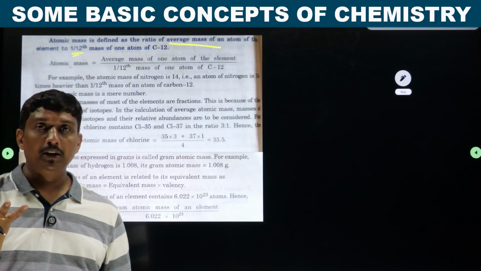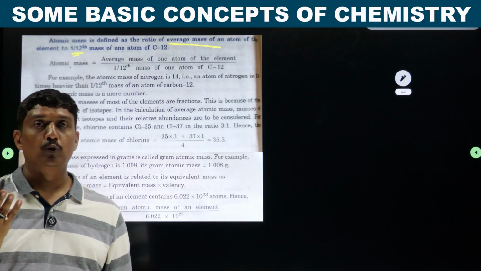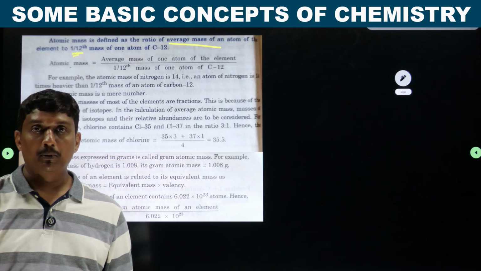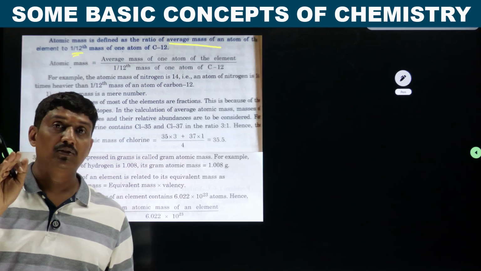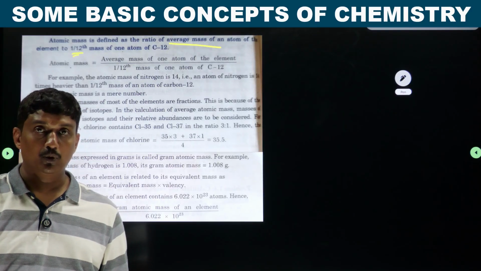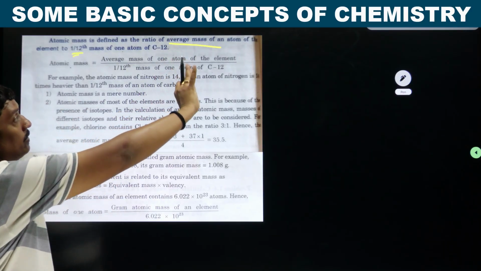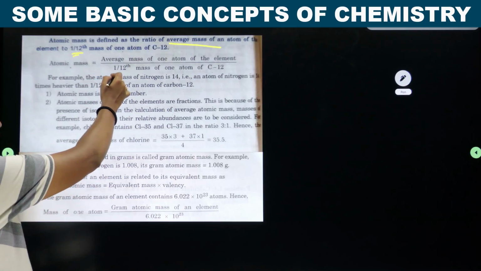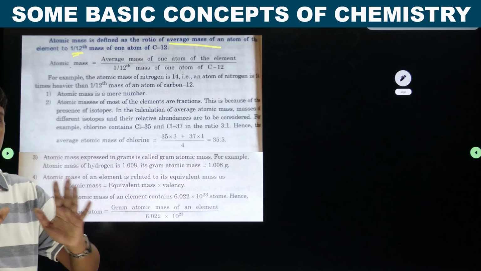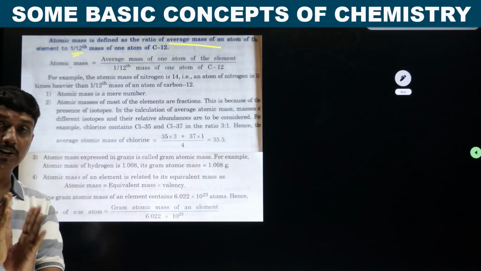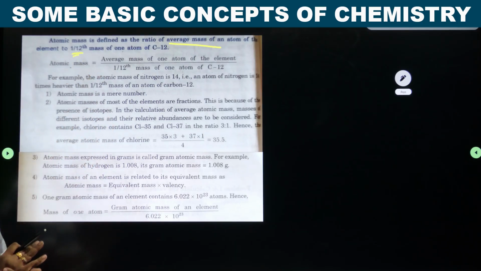So in many cases we get decimals like 1.009, 35.5, 28.38 because of the existence of isotopes. Therefore the average mass of an atom should be taken against 1/12 mass of carbon-12 isotope. This is the definition of atomic mass.